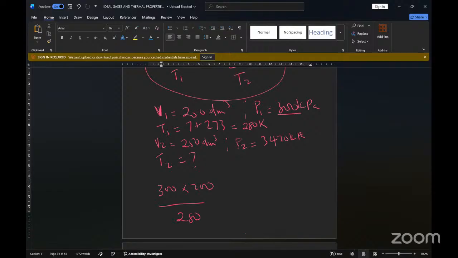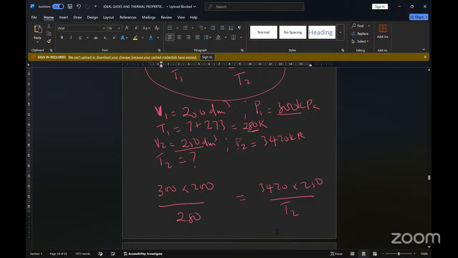This is your 280 here. Must be equal to your pressure here, 3420. That is your P2 times your volume here, 250, divided by T2.